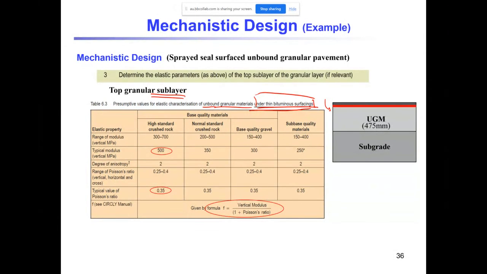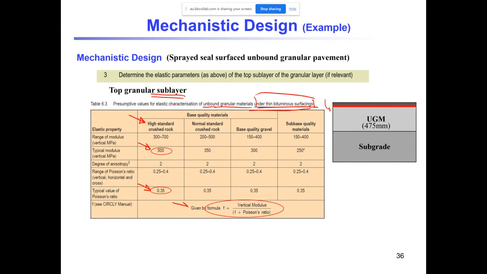So I'm using this one. And here I am assuming that for the road, I'm going to use high standard crushed rock, right? What is the typical modulus for this one? It is 500 MPa. And since we are dealing with granular material, it's cohesionless material, therefore Poisson ratio is 0.35.